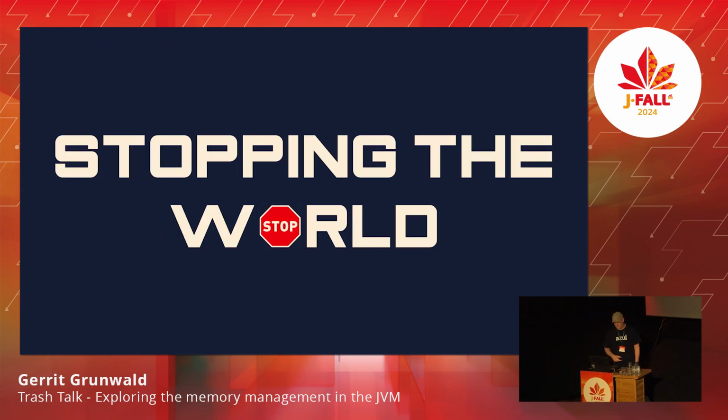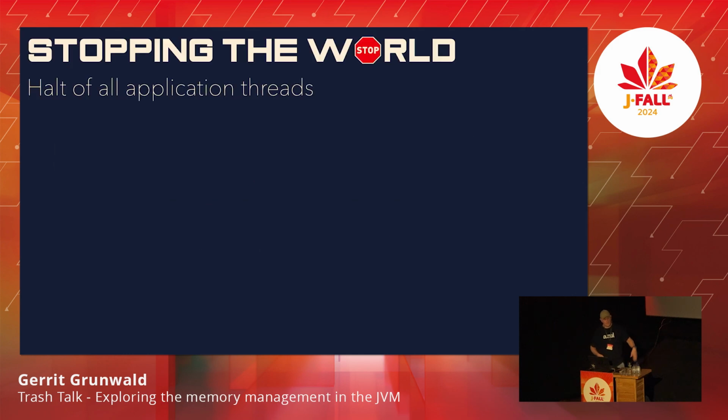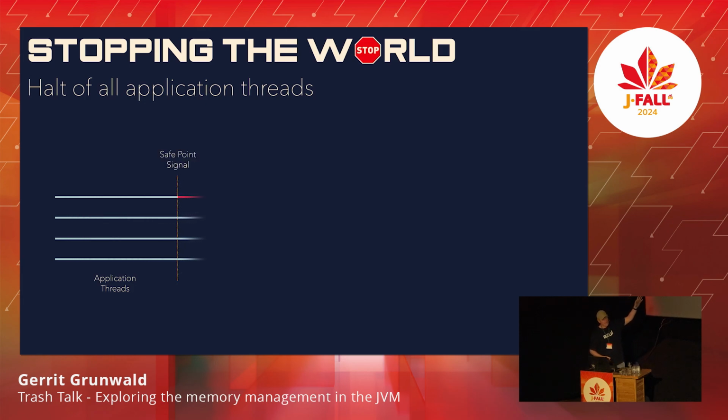To give you an idea, because who heard about Stop the World? Yeah, not all of you, right? So that's why I'm explaining it. When we talk about Stop the World, when we talk about garbage collection, then it means we halt all the application threads. So usually it's like this. We have application threads running, then we send a safepoint signal from the JVM to these threads, and then they will stop, right?